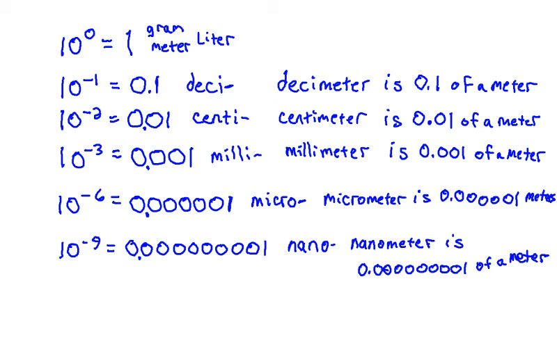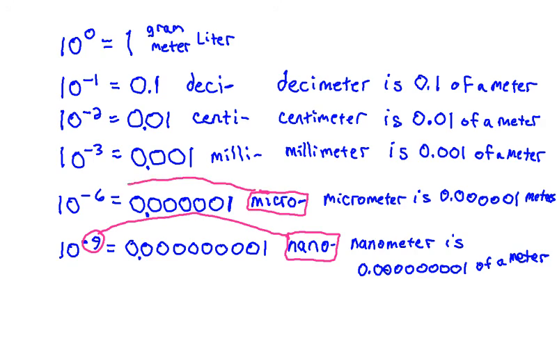So hopefully that makes sense to you, and you can start to memorize. Just try to memorize some of these key prefixes. Like a nano is going to be a negative 9. And just remember, a micro is going to be a negative 6. A milli is going to be a negative 3.